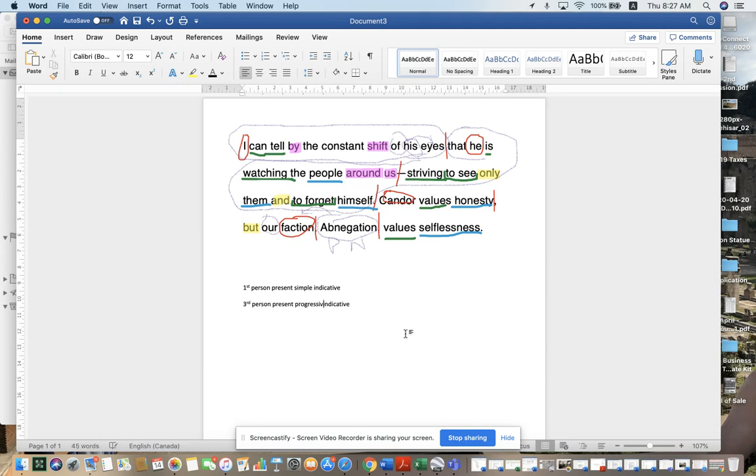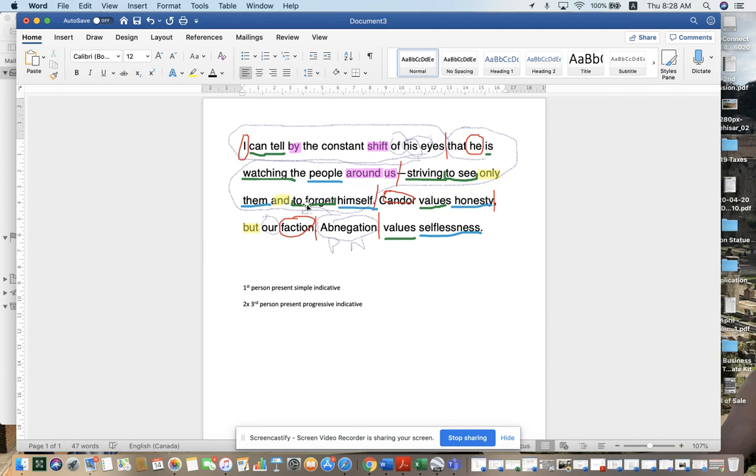Now, this is where we catch our first progressive present verb versus a regular simple one. And how do I know? Because there's an is and we have an ing, watching. So auxiliary verb plus a participle, watching, equals progressive. That means he's constantly watching versus just watch or watches. And then we got striving, so we got two times the same tense.